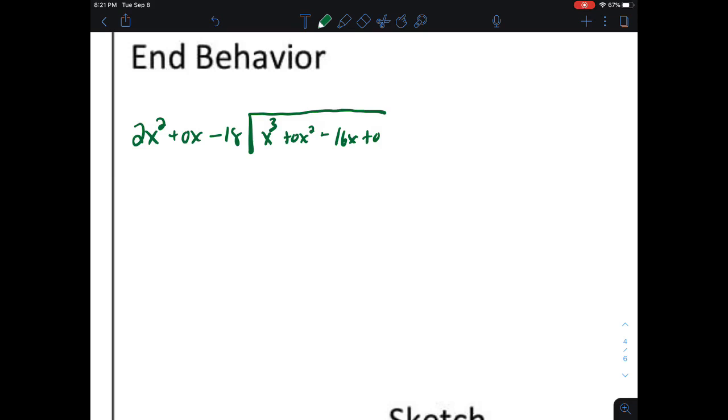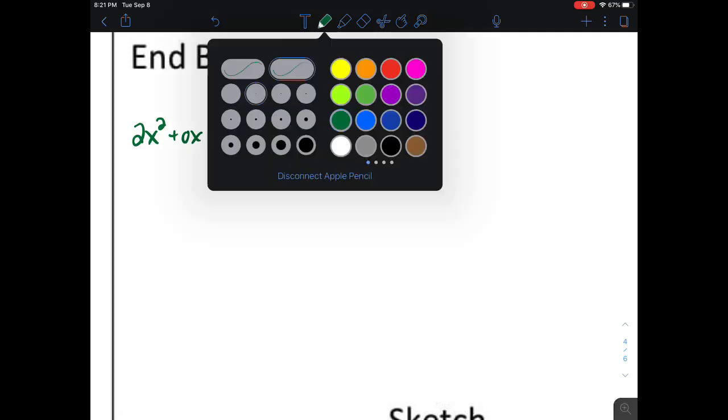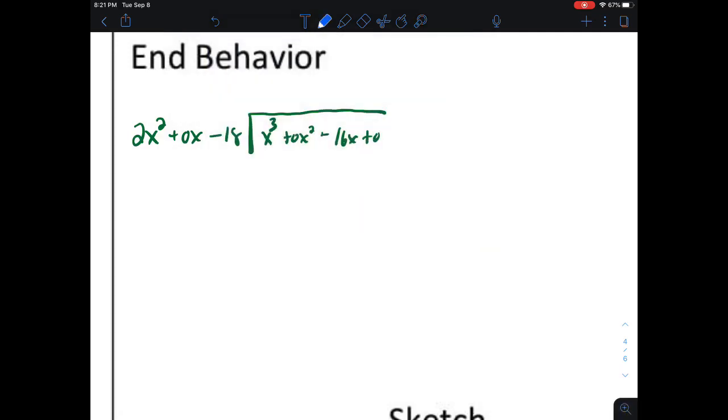So I figured out how to make the 2x squared become x cubed. You do that by multiplying by 1/2 x. Multiply everything by 1/2 x. That's going to give me x to the third. And then I got 0x squared. And we have minus 9x.